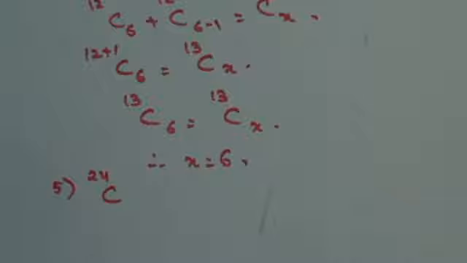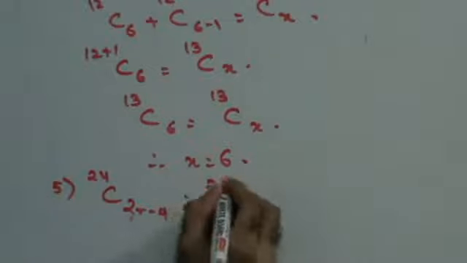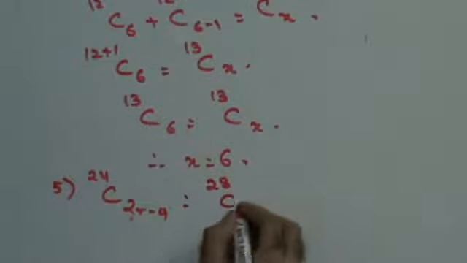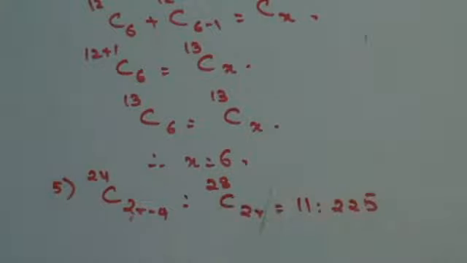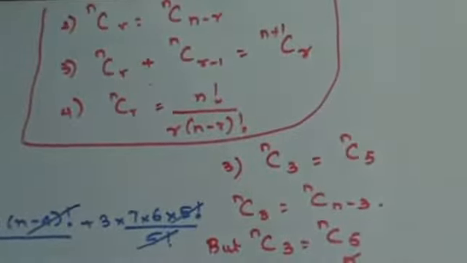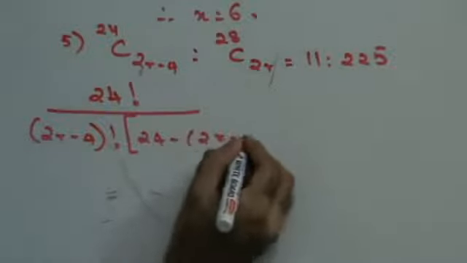24C(2r minus 4) is to 28C(2r) is 11 is to 225. Right? Now, 24C(2r minus 4), if I use the fourth formula, can be written as 24 factorial upon (2r minus 4) factorial into (24 minus (2r minus 4)) factorial.